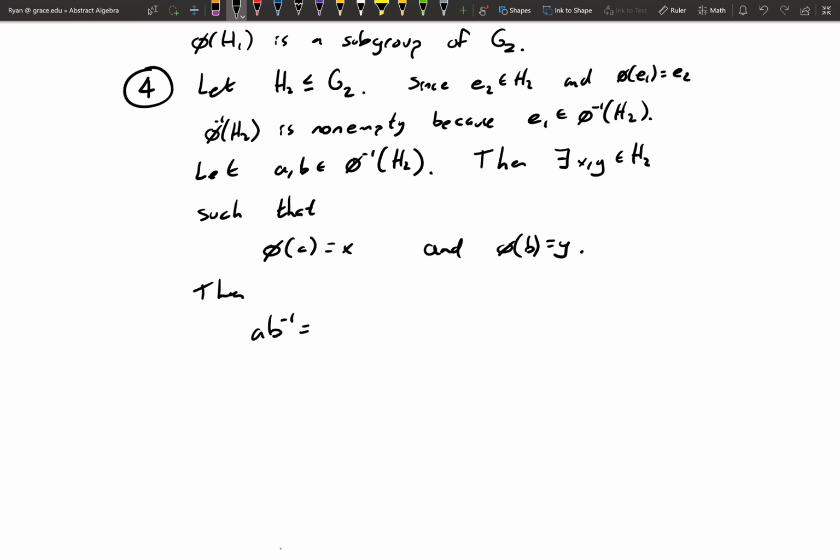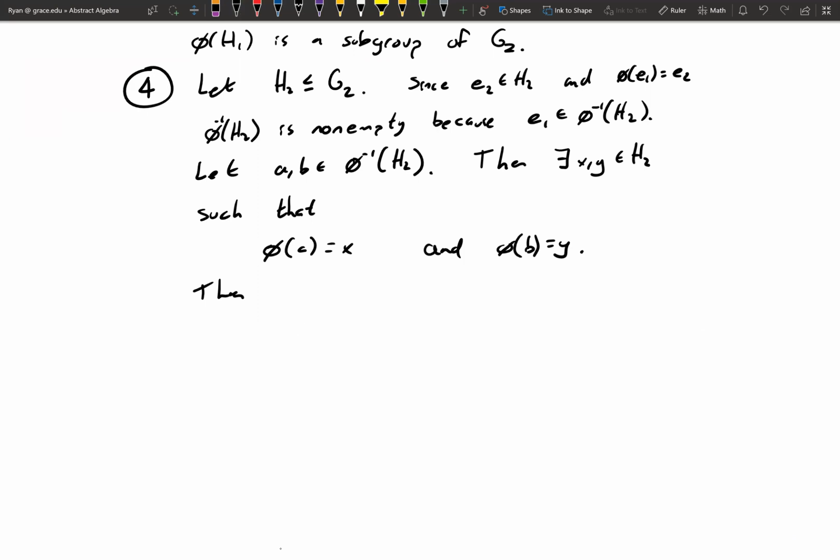Because I can't do anything from there. You can't just use an inverse function because you don't know if it exists. I could do phi of AB inverse, but I want to show it's a group. Yeah, I have to do this the slow way.